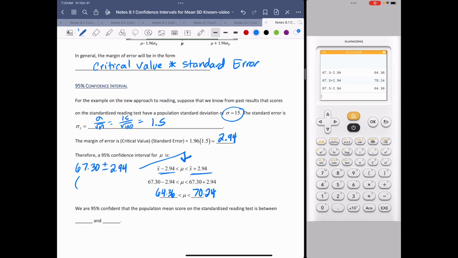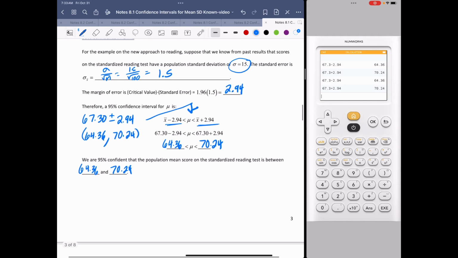You always want to subtract first because you want your smallest number first, your smallest bound, 64.36. And then I do 67.30 plus 2.94. And I get that same thing, 70.24. And we are 95% confident that the population mean score on the standardized reading test is between 64.36 and 70.24.